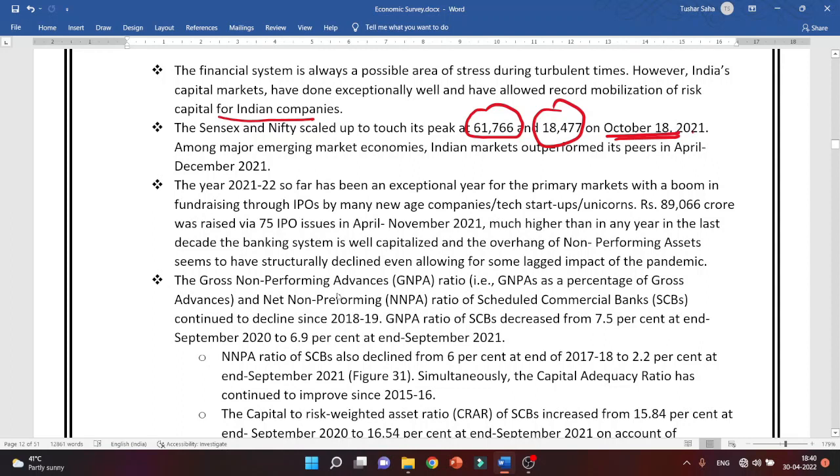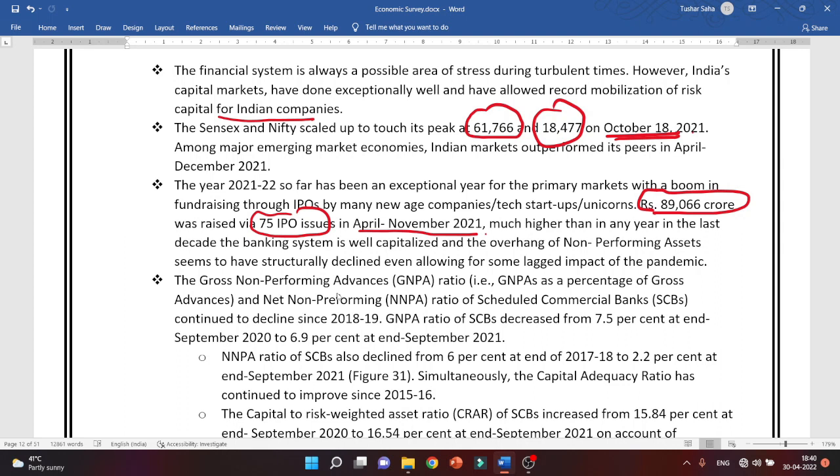Then, the year 2021-22 so far. Okay, so let's not read everything. Let us understand that many IPOs came during the month of April-November 2021, right? So rupees 89,066 crore has been raised via 75 IPOs during April to November 2021, and even after that, most of the IPOs except a few like Paytm have given negative returns to the investors.